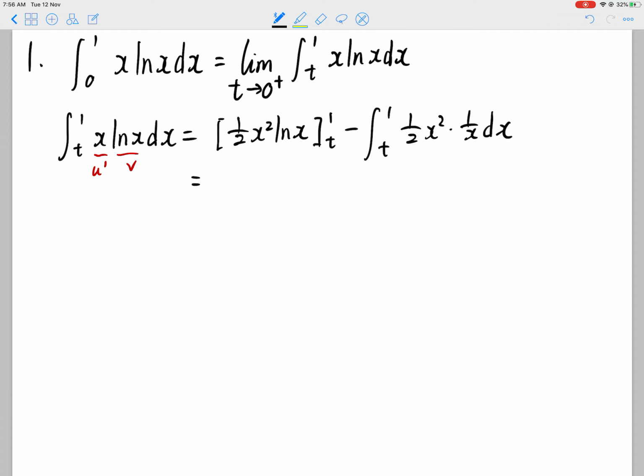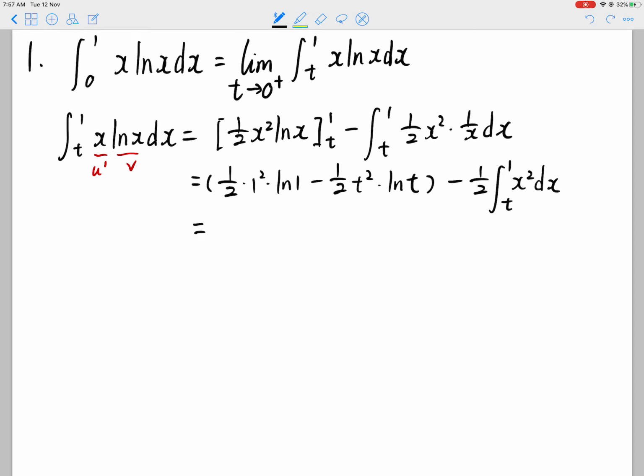So it's half times 1 squared times ln 1, minus half t squared times ln t, minus this integration from t to 1. Here ln 1 is 0, and it's negative this, minus 1 over 6 x cubed, from t to 1.